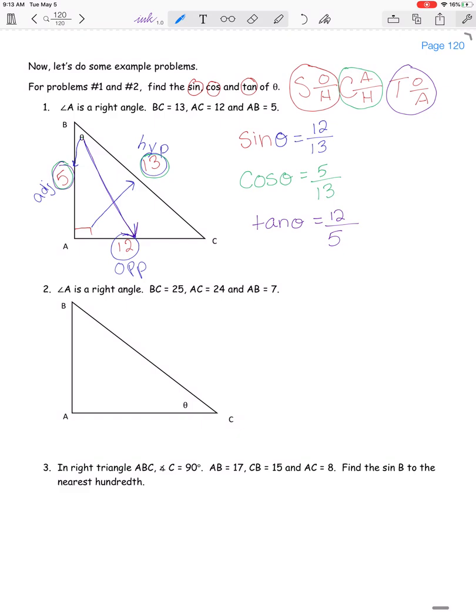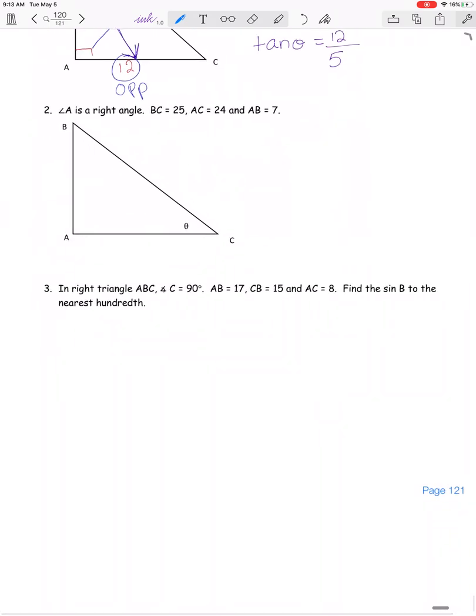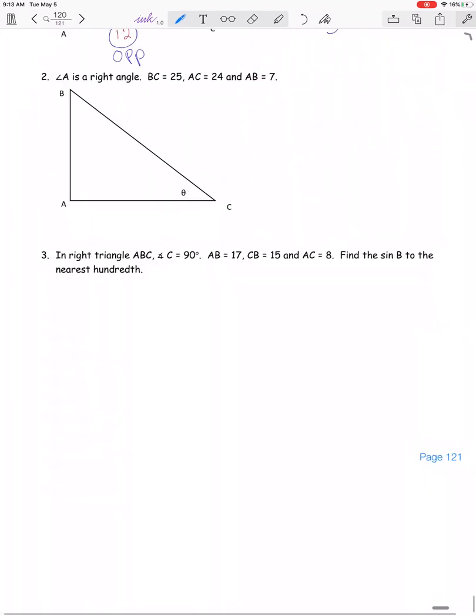Now, if you take a look at number 3, you do have to draw your own triangle, which isn't too bad. So we have a right triangle, ABC, and they tell me C is 90 degrees. So A, B, C. AB is 17, CB is 15.